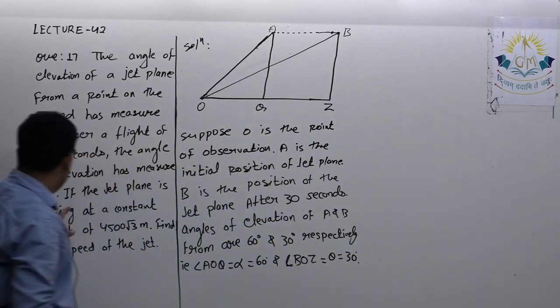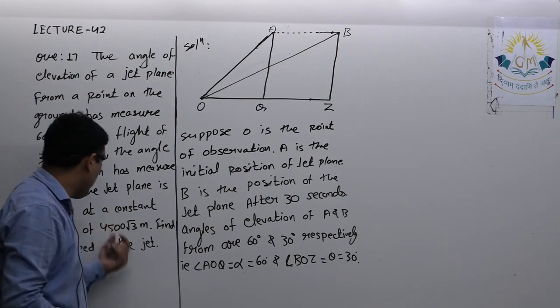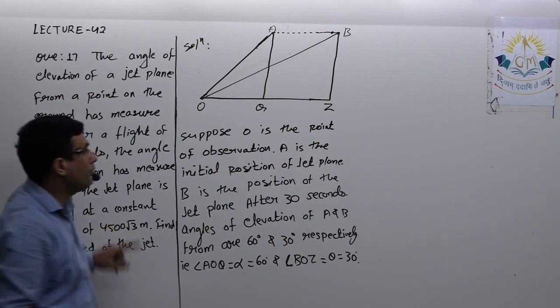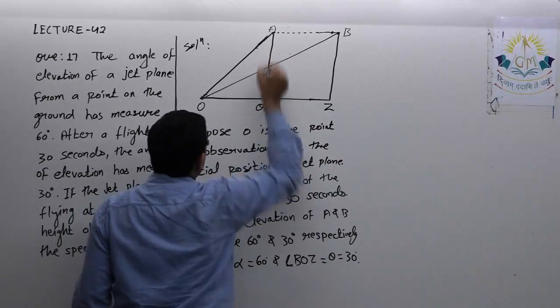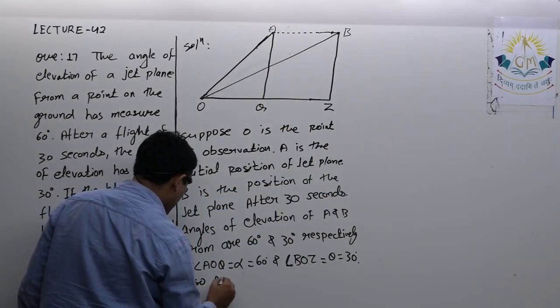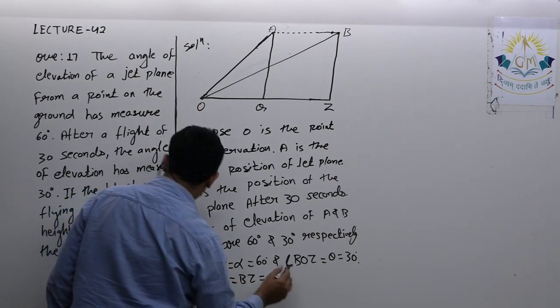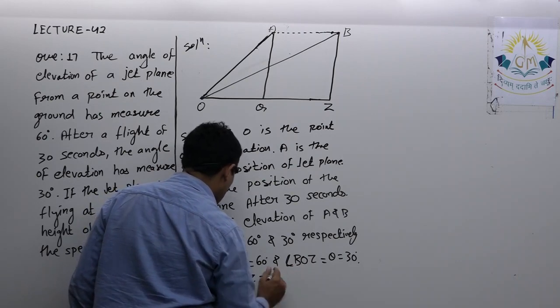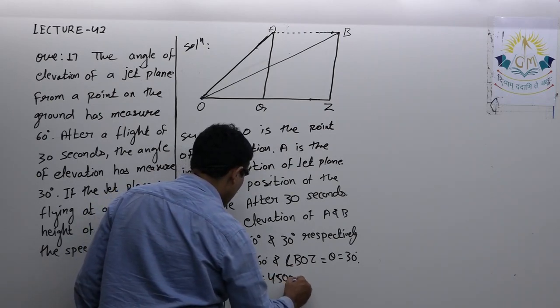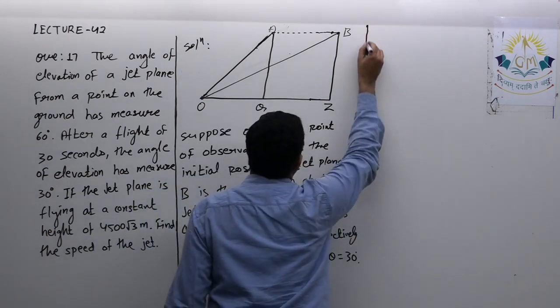Okay, other than that, it is given the jet plane is flying at a constant height 4500 root 3, that means this is the height AQ or BZ. Also AQ is equal to BZ is equal to 4500 root 3 meters. Okay, now what we have to find?